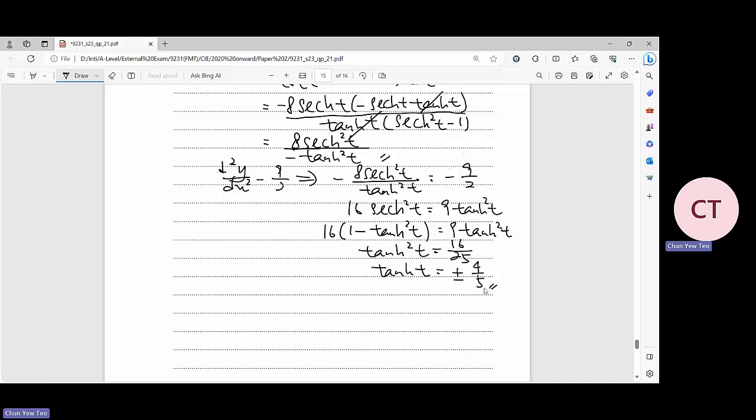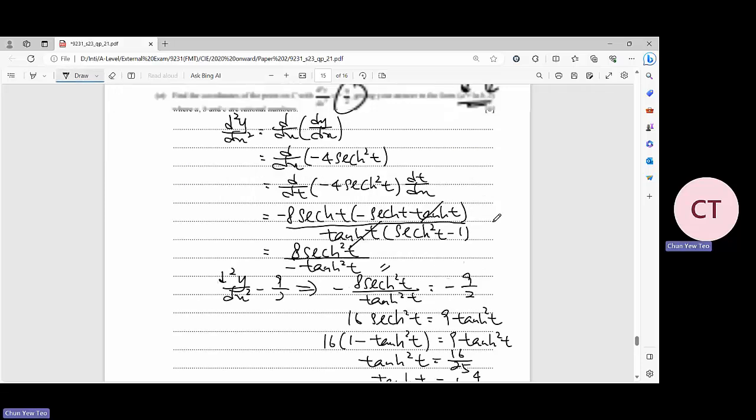So your tan t will be positive or negative 4 over 5. Now we want to find the x. Let me see the condition first.